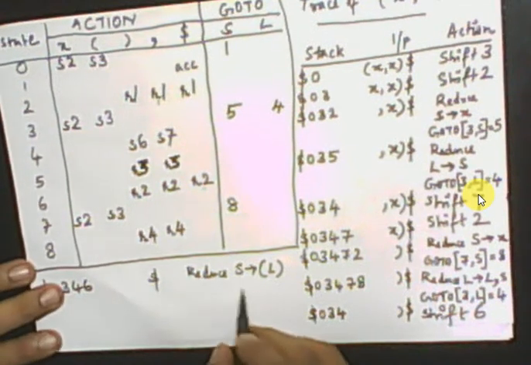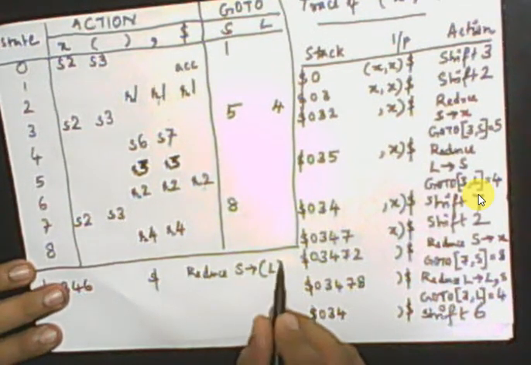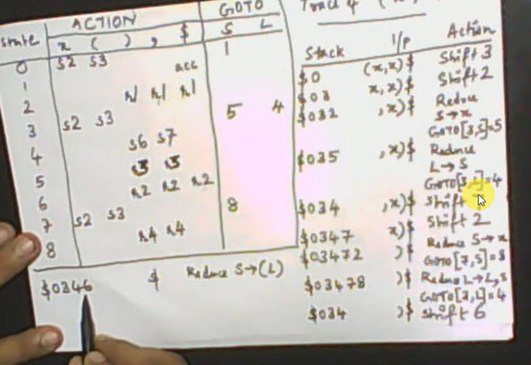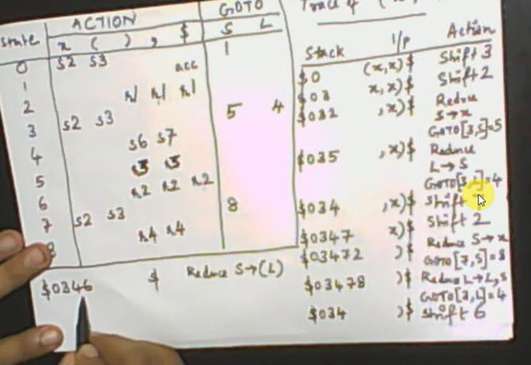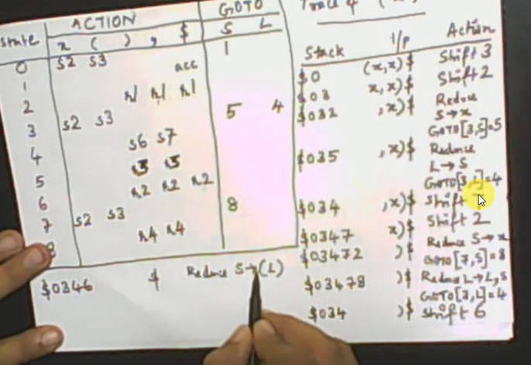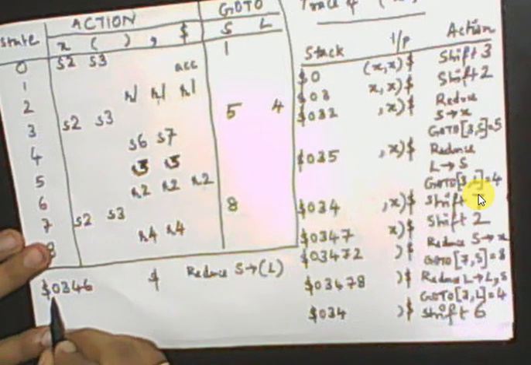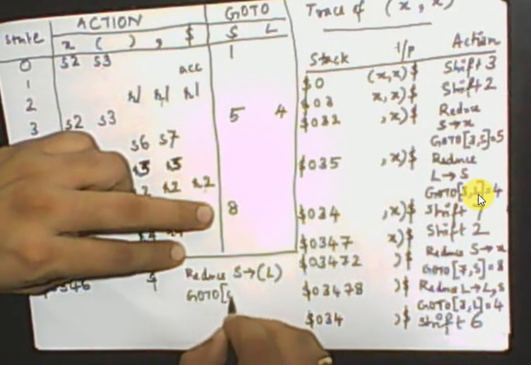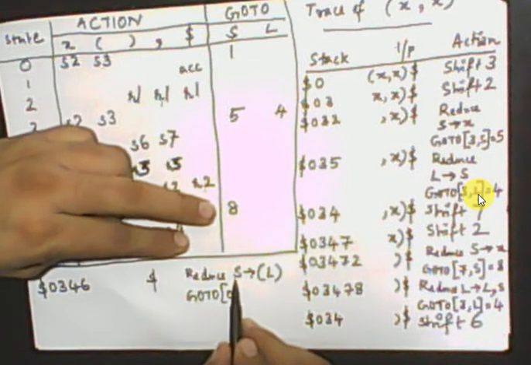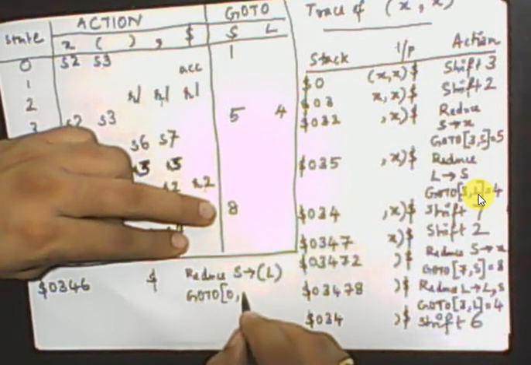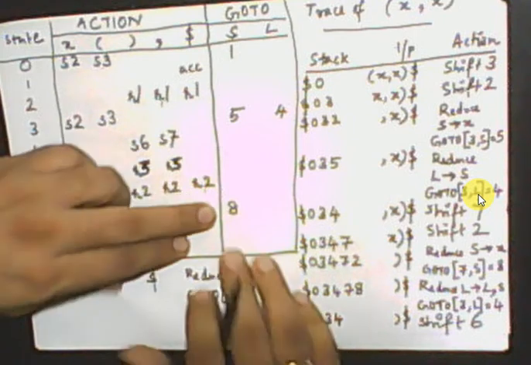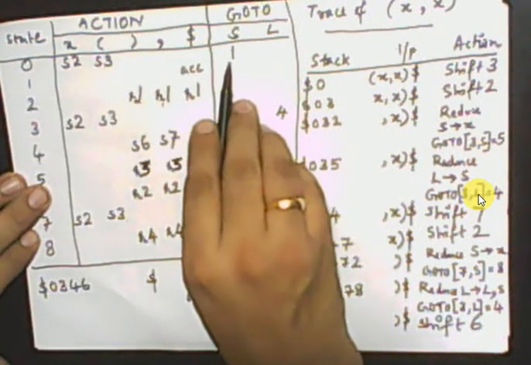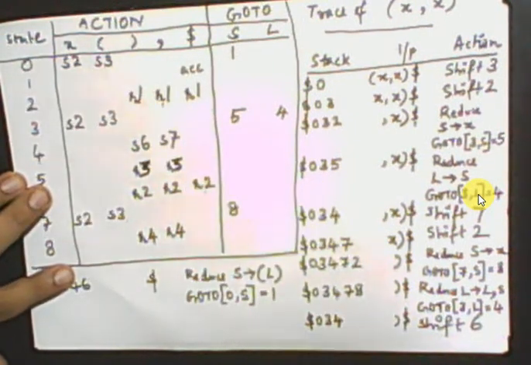On the right hand side you have 3 symbols, so we need to pop off these 3 states, 6 4 and 3. Once you pop off these 3 states, you have 0 on top, so we need to find the go-to of 0 comma the non-terminal on the left hand side, that is 0 on S. So 0 on S you have 1, so that is 1.